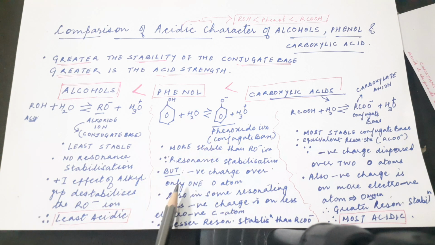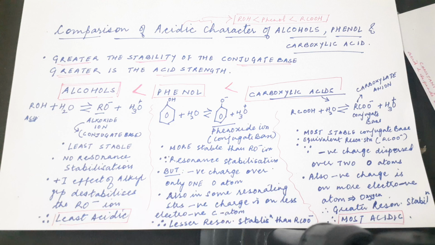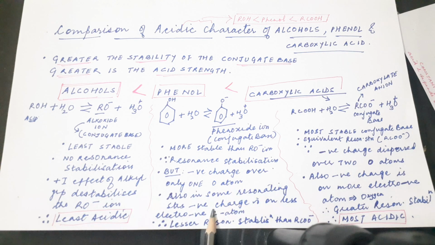In the case of phenoxide ion, the negative charge is present only over one oxygen atom. And in some resonating structures of the phenoxide ion, you may refer to the previous session, the negative charge, of course, is delocalized over the ring, but it is over the less electronegative carbon atom, which contributes to lesser resonance stabilization. I'll repeat that.